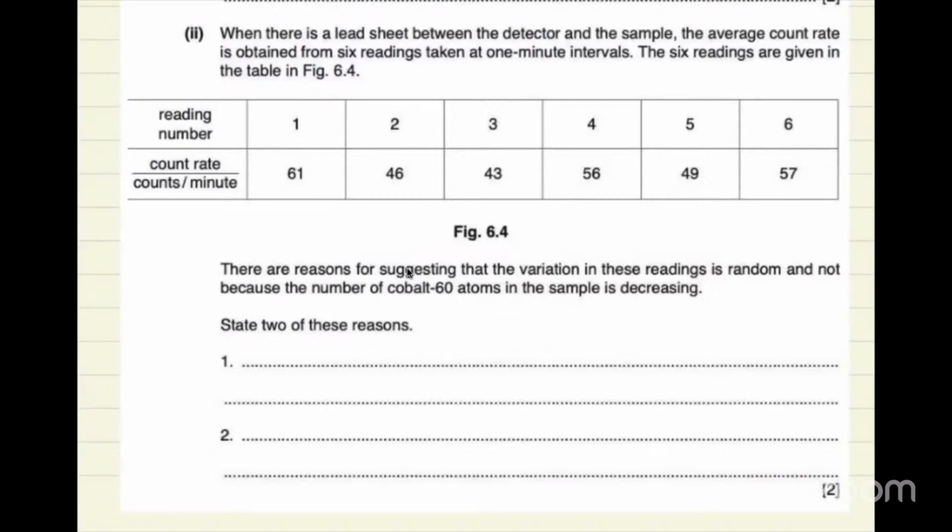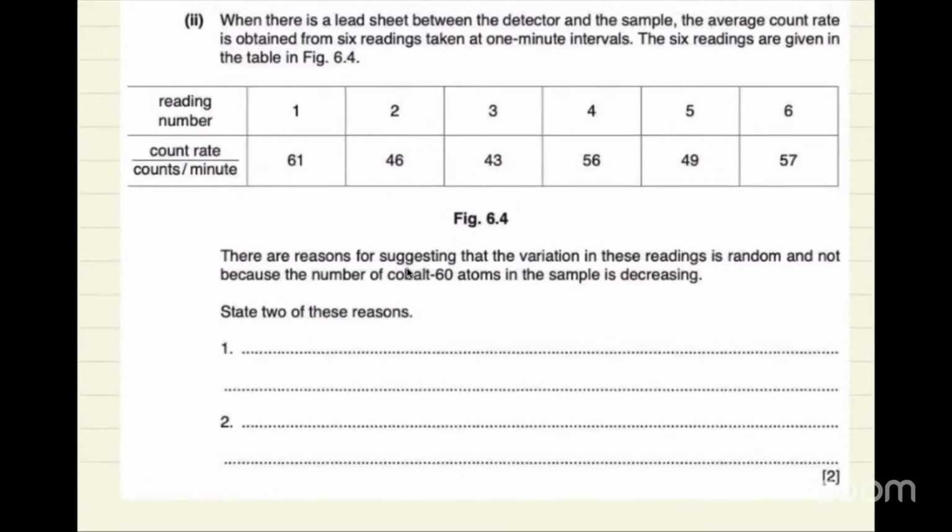So how do you see from here that it's these reasons actually? How would you see that the variation here, the count rate sometimes going down, other times going up, is because of randomness? Now this is what I would say. First of all, by the way, this is true, the number of cobalt-60 is decreasing, but it's not really impacting this.